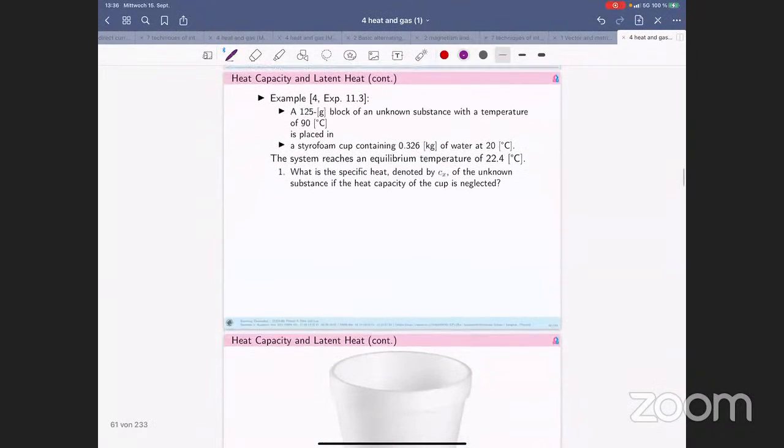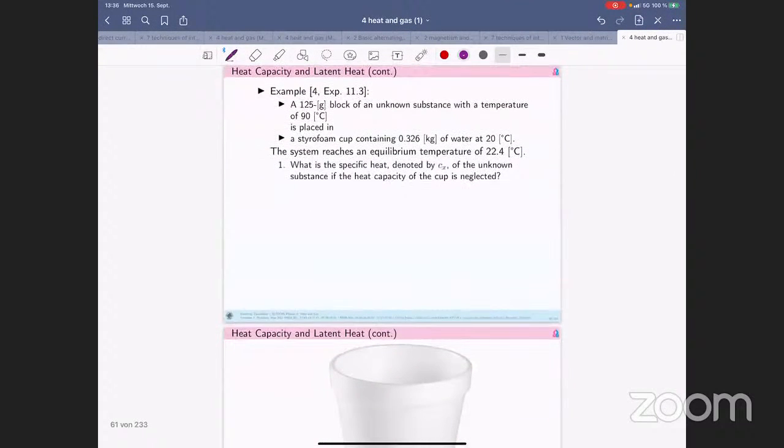Now we are at the next one. Last week we dealt with the problem related to the calculation of specific heat, but this time we talk about temperature increase, the temperature change.